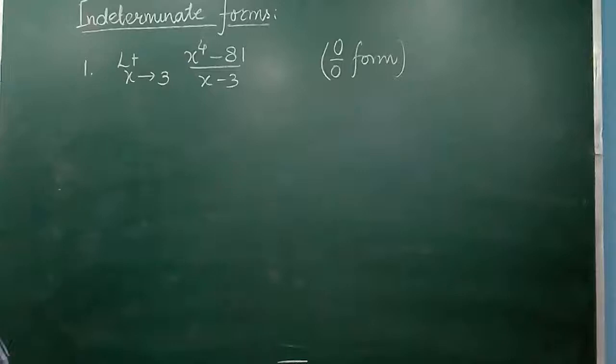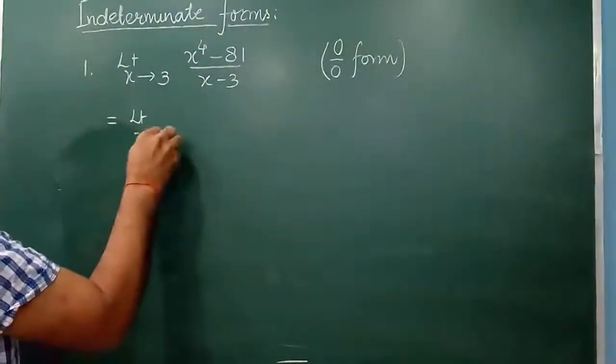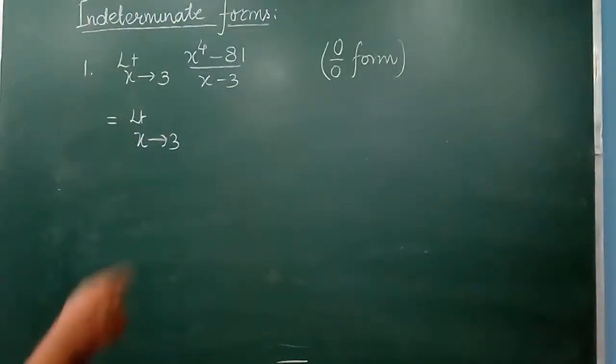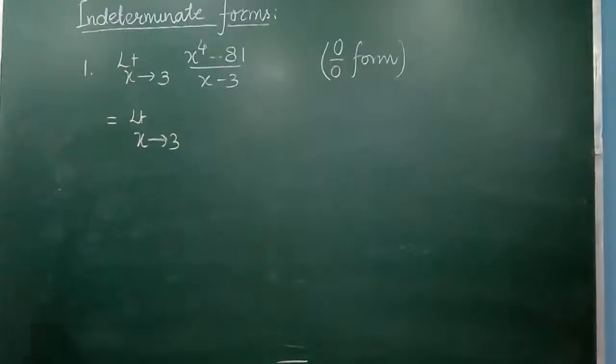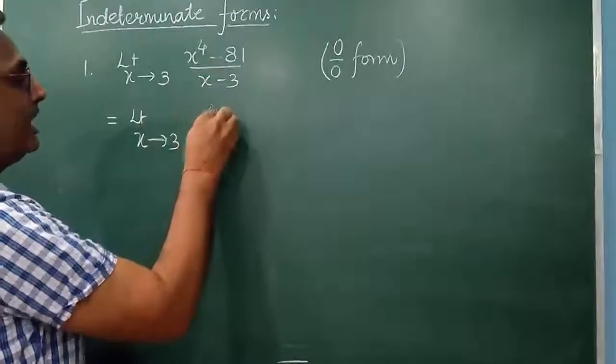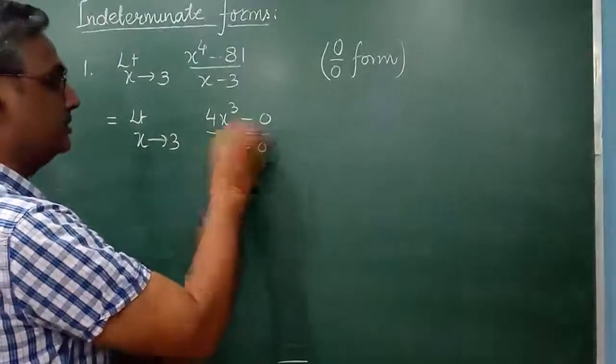Correct? So what we have to do, we have to write limit x tending to 3. We have to differentiate this and this with respect to x. So what can we do? We can differentiate this. So this is 4x cube minus 0 upon 1 minus 0.